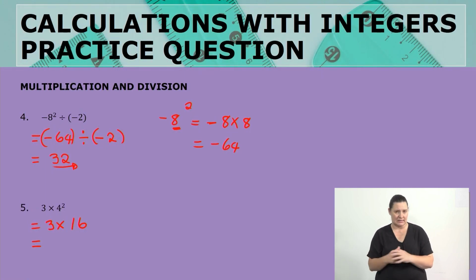We are multiplying a positive number with a positive number. So that means that our answer is going to be positive. So what is 3 multiplied by 16? Yes, you are correct. Our answer is going to be a positive 48. Did you get that correct? I really hope that you did. Let's move on to the next one.